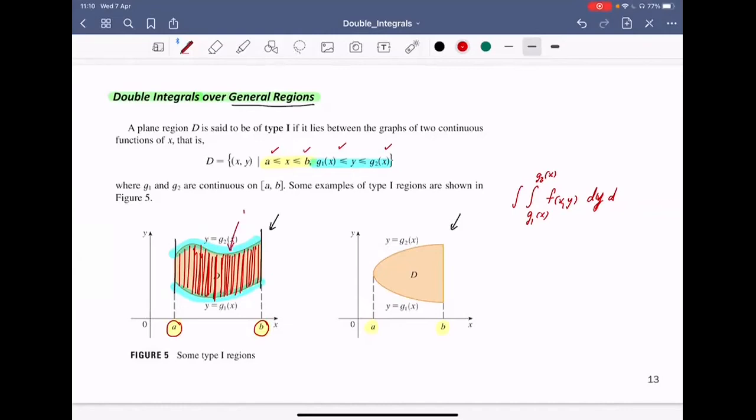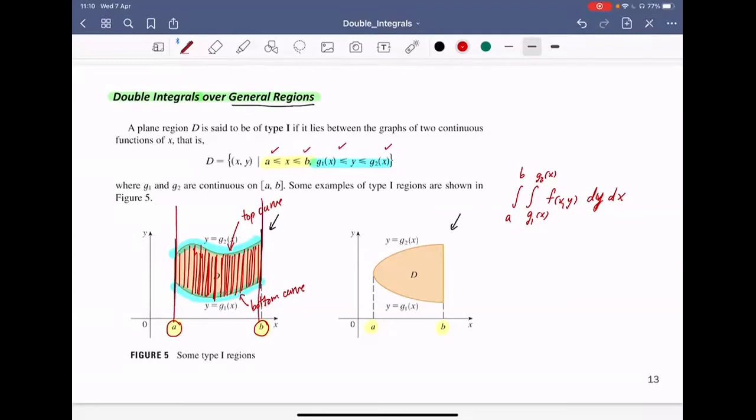So you have to integrate from the bottom curve to the top curve, and x must be outside, from a to b. So that means you're going to integrate from the bottom curve to the top curve, from x equal to a to x equal to b. Does it make sense?